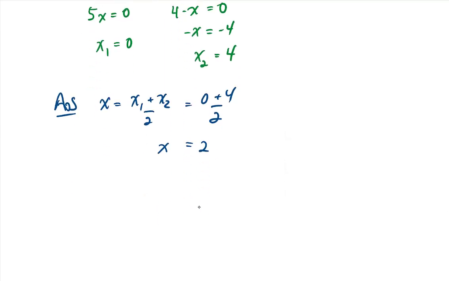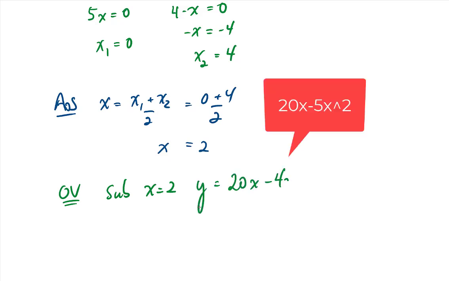Once we have the axis of symmetry, we can find the optimal value. And to find the optimal value, we sub in the axis of symmetry into our equation, y equals 20x minus 5x squared.